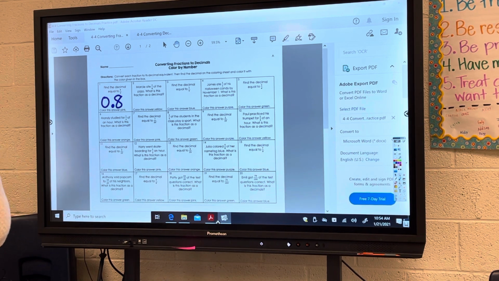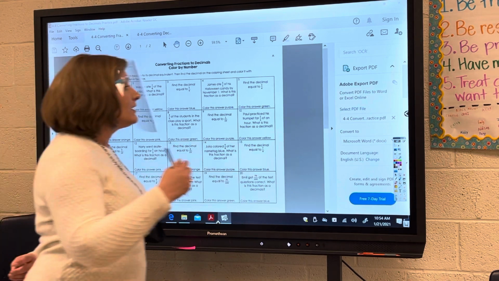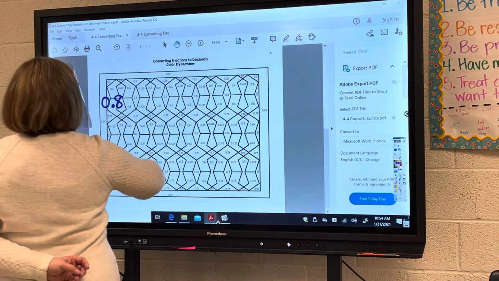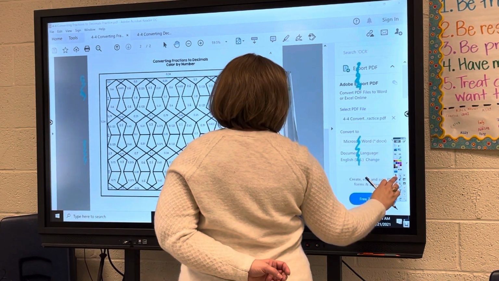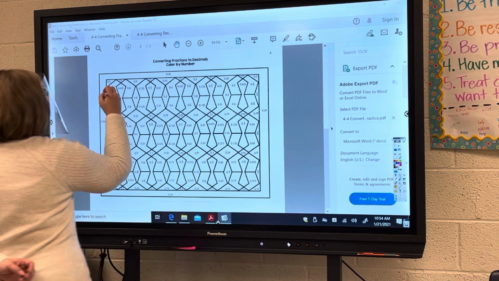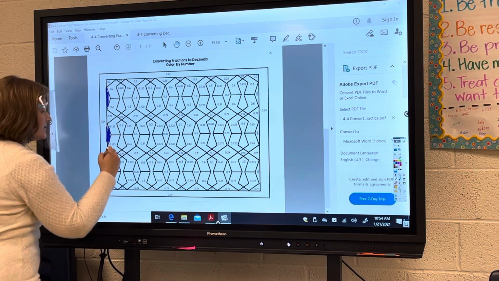But because the next paper that we're going to do, it will help you to say it correctly. It will help you to write the fraction, okay? So let's look on the back and see if 8/10 is an option on the back. Is it an option on the back? Yes. It's these little places over here on the side.